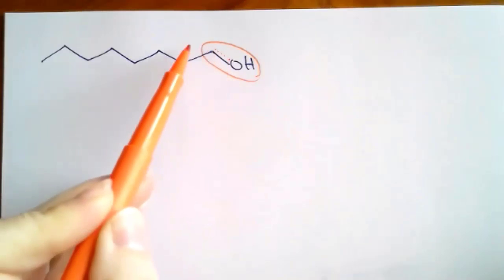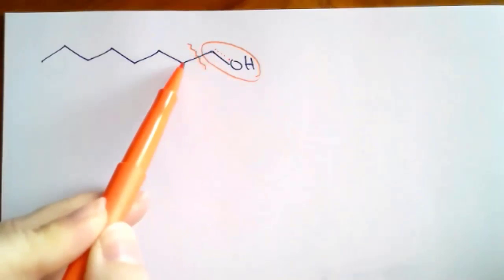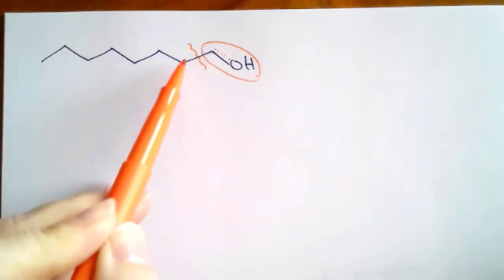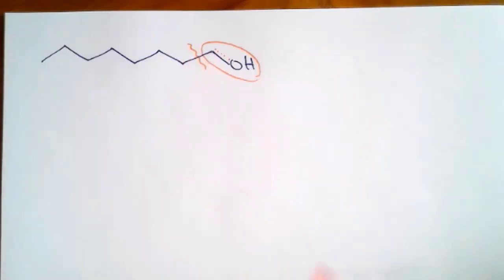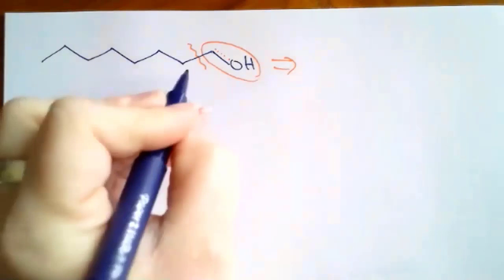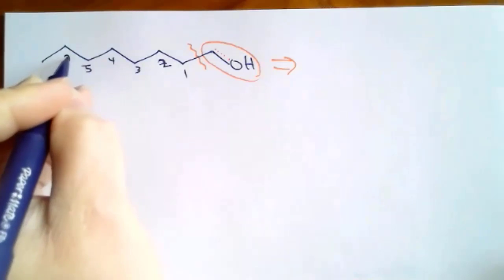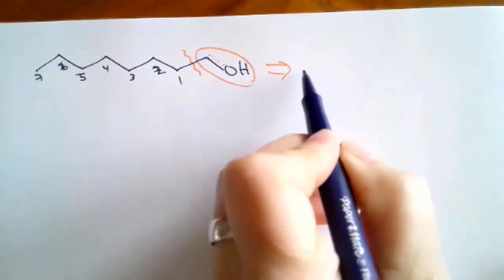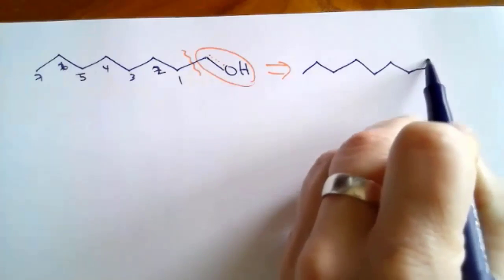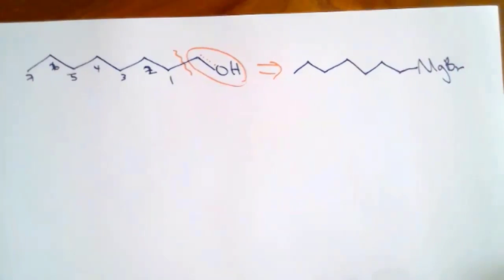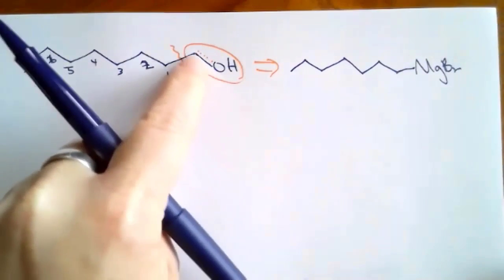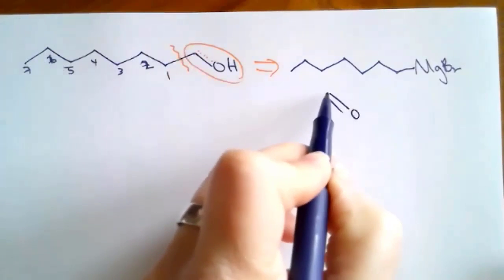Imagine that that used to be a carbonyl and that this carbon-carbon bond is the one that was made by the Grignard. So I could imagine this thing being synthesized from a 7-carbon Grignard. It's hard to say the word 7 and not write 7. A 7-carbon Grignard and a 1-carbon carbonyl.